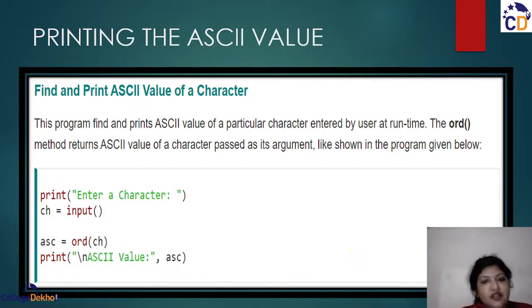Then we have the ASCII value. It is very important to know the ASCII value of a particular character. We use the ord function to print the ASCII value of any character that is taken as input from the user, right?